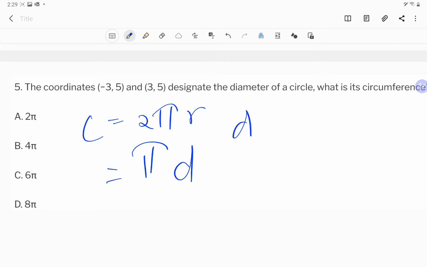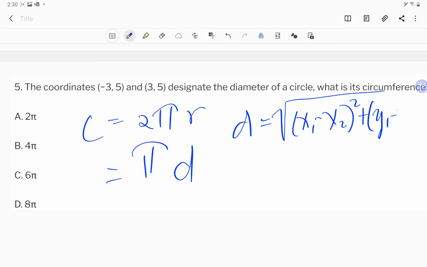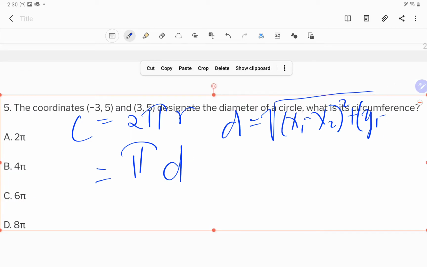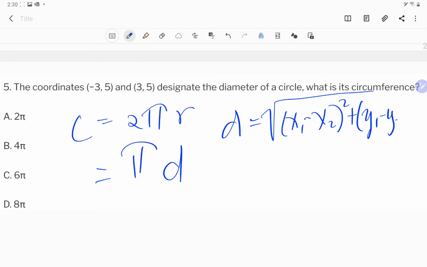The distance formula states that the square root of x sub 1 minus x sub 2 squared plus y sub 1 minus y sub 2 squared. Let us designate our x sub 1, y sub 1, and then x sub 2 and y sub 2.